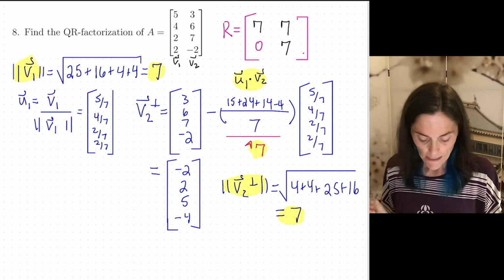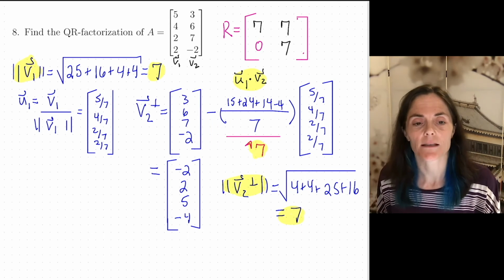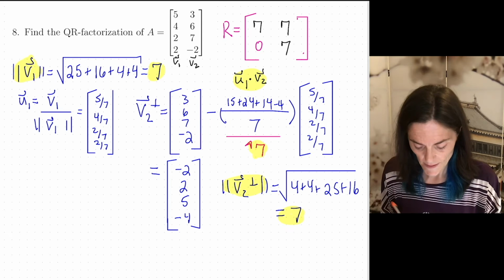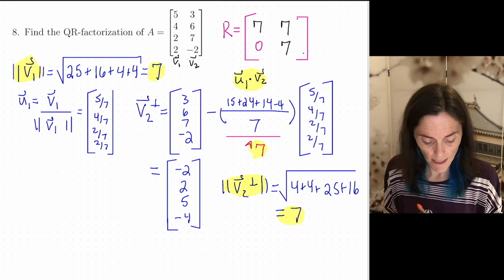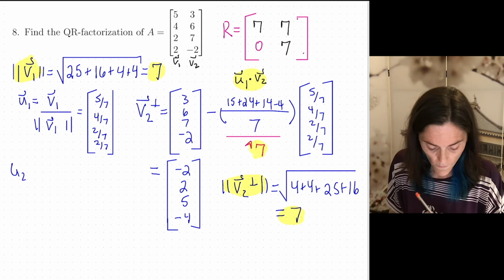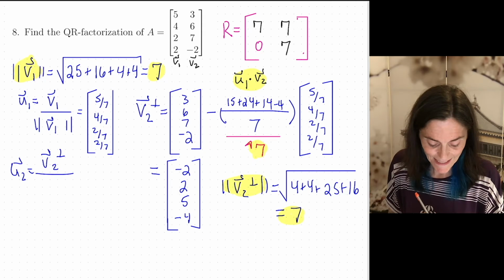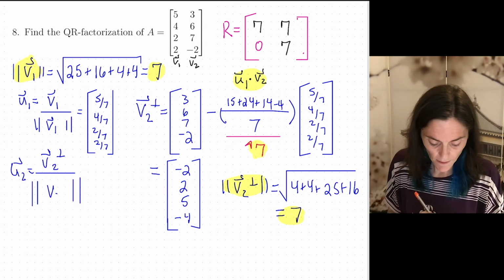Okay. Now, the final step, besides just writing down as a matrix, is we take this vector and divide by its length. So we get U2. This vector is here. It's the component of V2 which is orthogonal to the line, divided by its length.